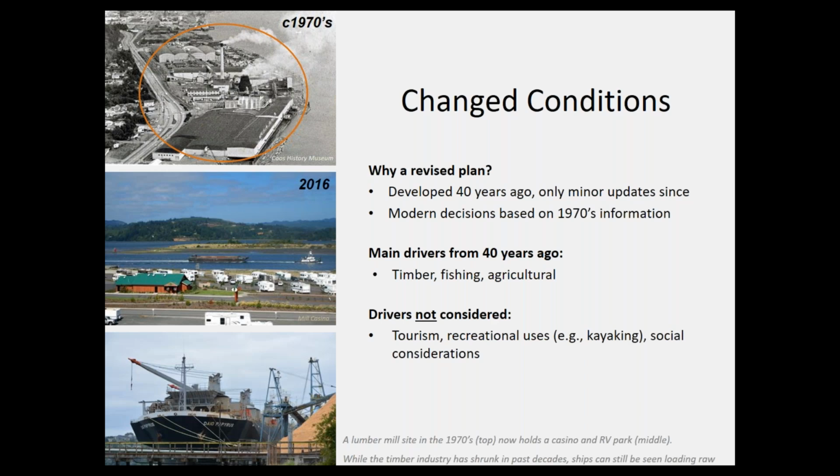We have developed in earlier years a bigger tourism base, recreational uses such as kayaking, and social considerations have also changed. If you think about it, we've changed a lot over the past 40 years. We changed how we buy goods, how we recreate, how we socialize, and all those factors need to be considered in a current plan.